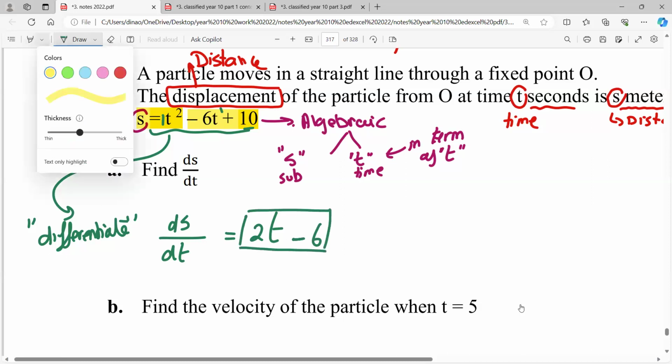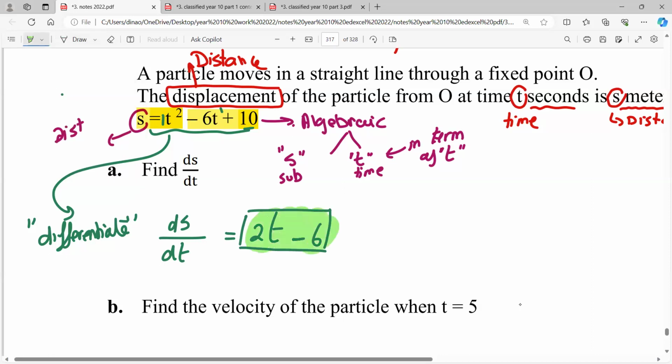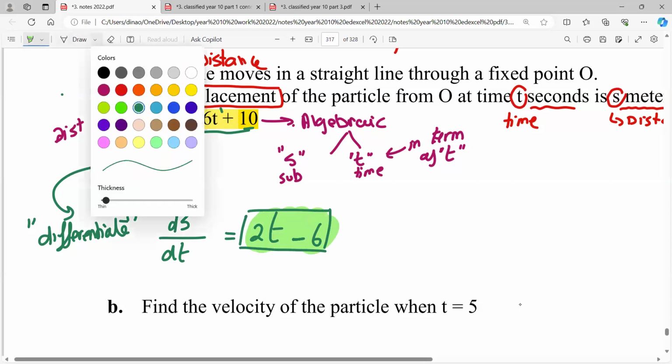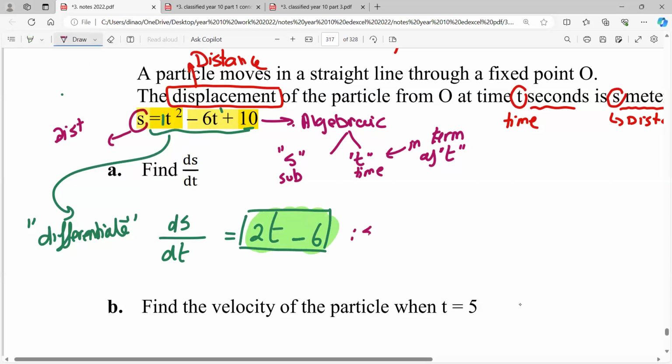Now let's understand what this highlighted green is. This highlighted green is actually the speed, also known as velocity. How is that so? Now let's take this and analyze. What does ds mean? ds means the change of distance. What does dt mean? dt means the change of time.